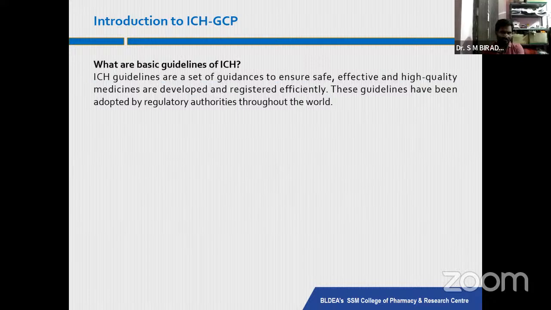These guidelines have been adopted by regulatory authorities throughout the world. All the regulatory authorities should accept them. Suppose in India, CDSCO should accept all the standards prepared by Europe or any country that is a member of ICH.